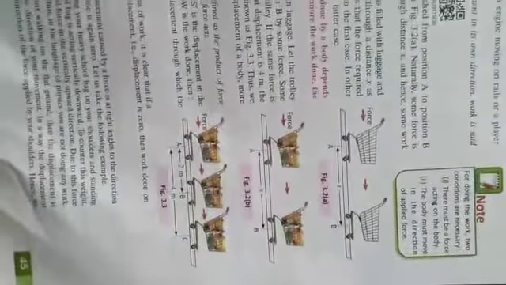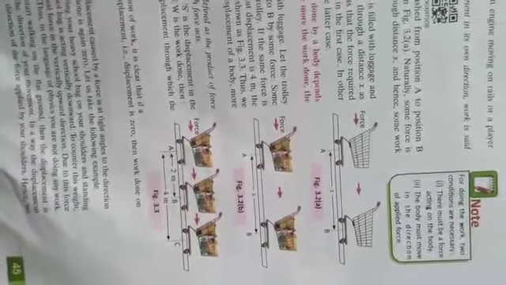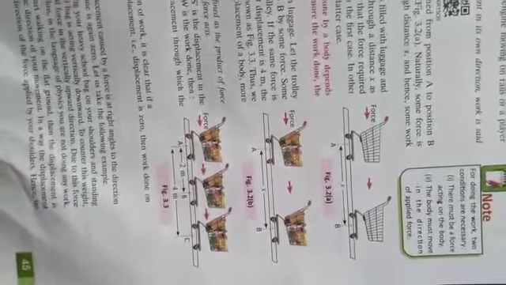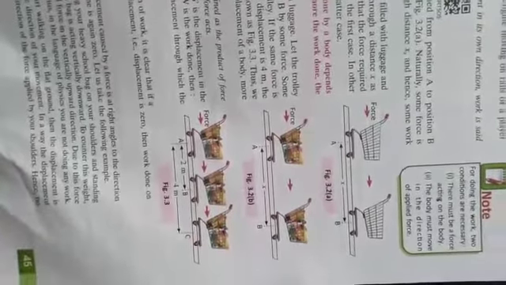For doing work, two conditions are there. Number one, there must be a force acting on the body, and number two, the body must move in the direction of the applied force.